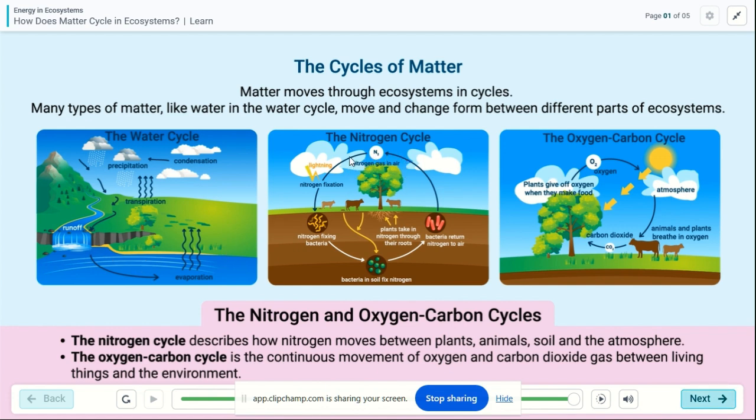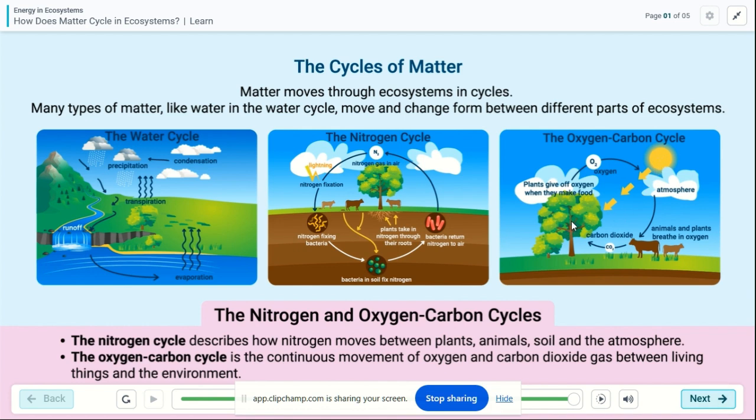Nitrogen cycle: in the هواء, نبات and حيوان cannot use it. So the nitrogen goes into the turba by lightning or bacteria. The bacteria put it in the turba, the nabat take nitrogen from the turba and use it to make many things. Bacteria also put back nitrogen into the hawa, and it goes round and round. And this آخر cycle, oxygen carbon cycle.